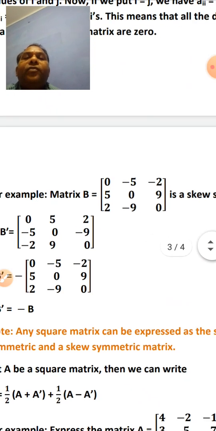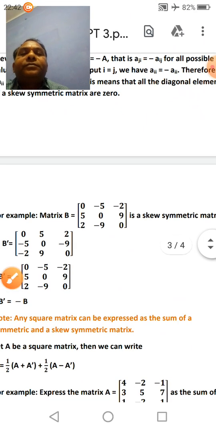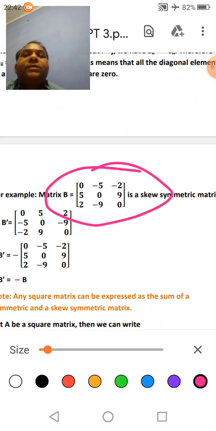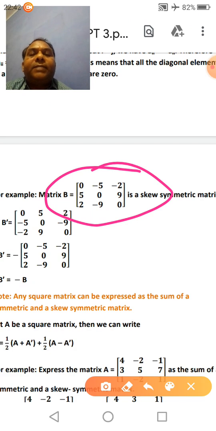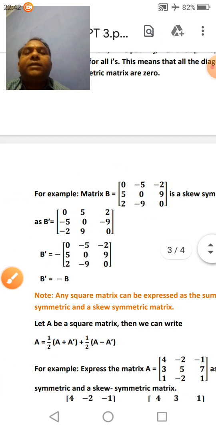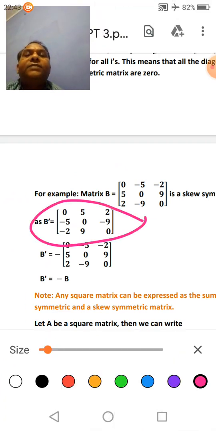Clear? For example, matrix B is given. Matrix B, 0 minus 5 minus 2, 5 0 9, 2 minus 9 0, is a skew symmetric matrix, because if we find the transpose of matrix B, then this will be row wise 0 5 2, minus 5 0 minus 9, minus 2 9 0.